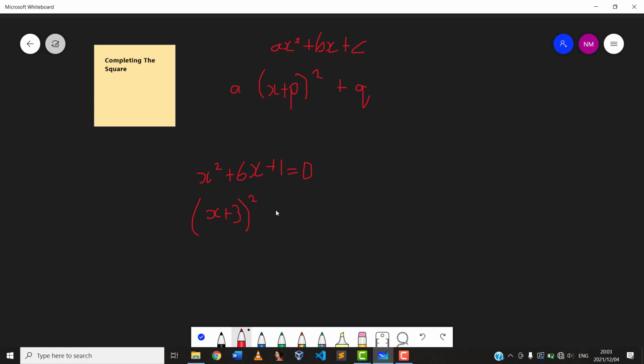Say x plus a squared, in case any of you forgot. This is just equal to x squared plus 2ax plus a squared.